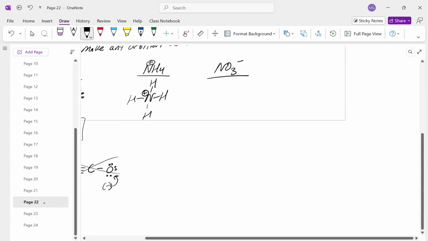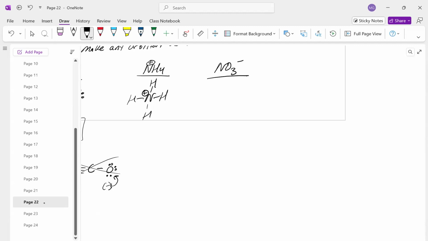Now let's look at nitrate. So this was our result from the previous step. Now the nitrogen doesn't have a full octet.